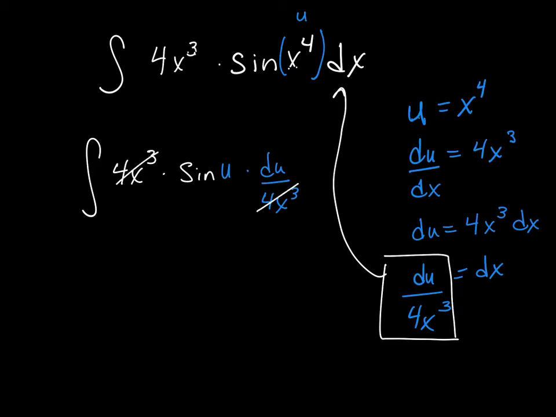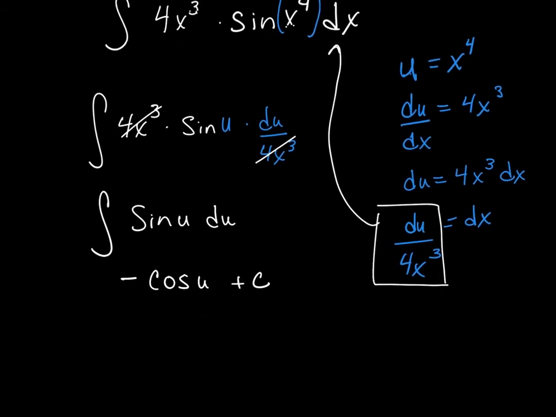Then all of that is gone, and I just have the integral of the sine of u du. Now, the integral of the sine is just minus the cosine of u plus my constant. And then I just go back, and u was equal to x to the fourth. So then all of that equals minus the cosine of x to the fourth plus the constant.